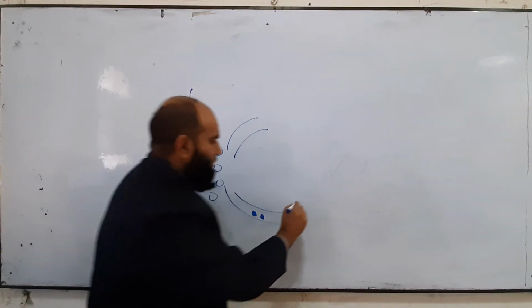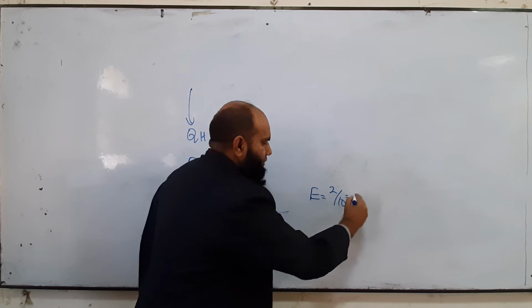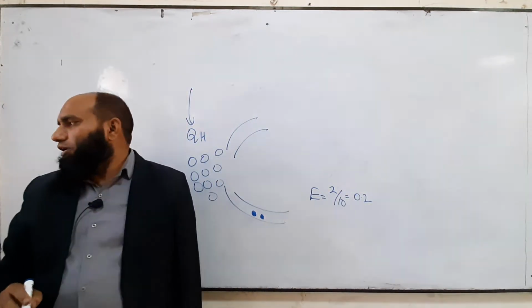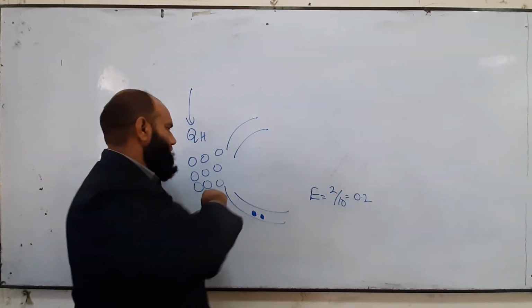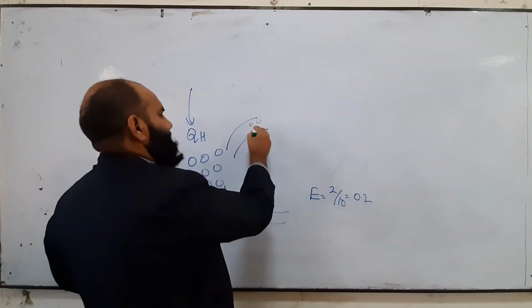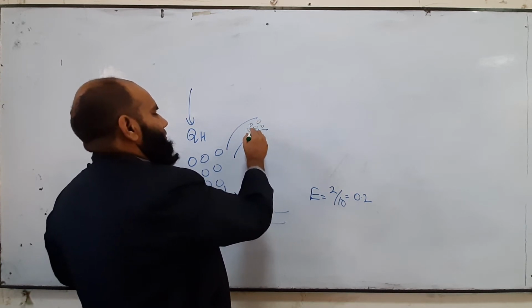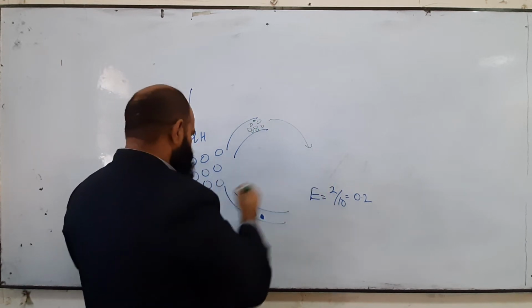So how can we calculate the extraction ratio? 2 by 10, which is 0.2. And 8 molecules are escaping without any metabolism. These 8 molecules are escaping without metabolism.